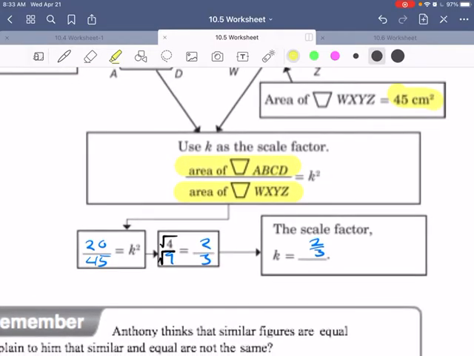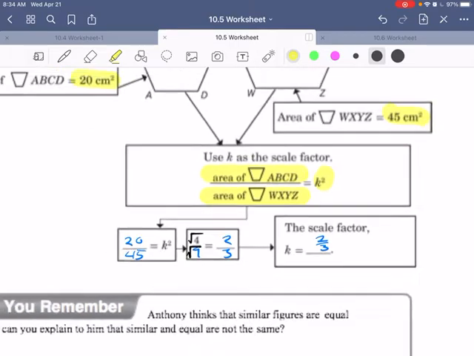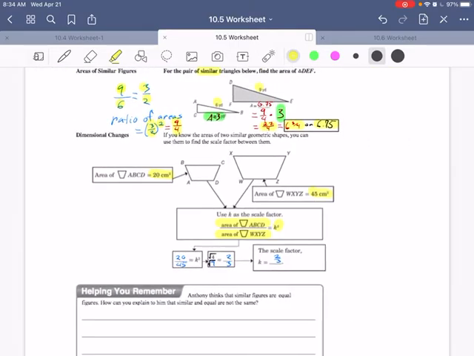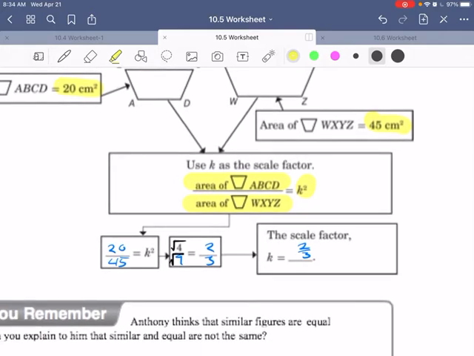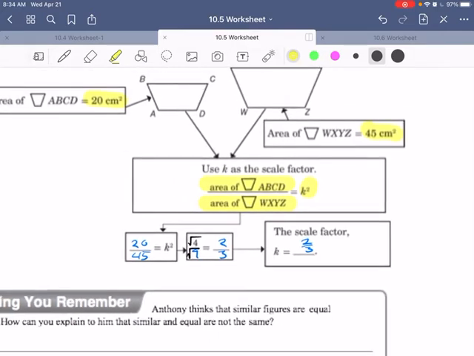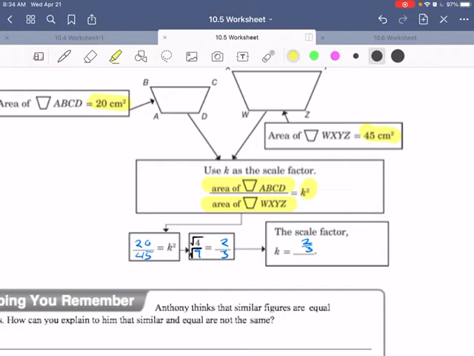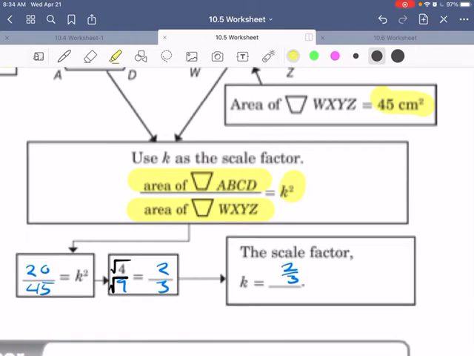That is equal to k squared. That's kind of our formula. We didn't talk much about that up here, but this is pretty much our formula where we would say, okay, going from one to the other, the areas are proportionally equal to the scale factor squared. Okay, the scale factor squared. That's why it's k squared.